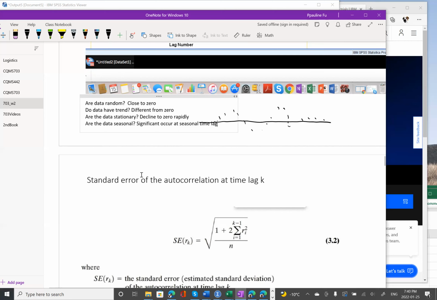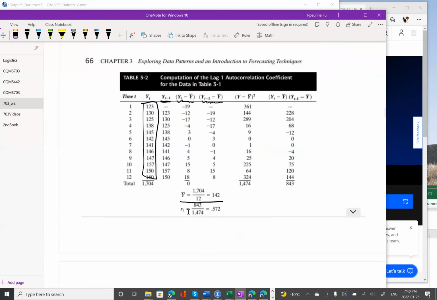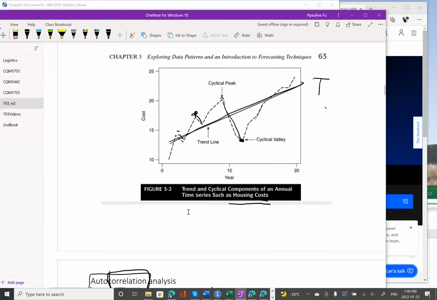Yeah, that is a commonly asked question. How do you distinguish seasonal and cyclical? Cyclical data has peaks and valleys, like the first graph. This looks like typical cyclical data. It has the peak and the valley. Seasonal data tend to repeat themselves at some point.